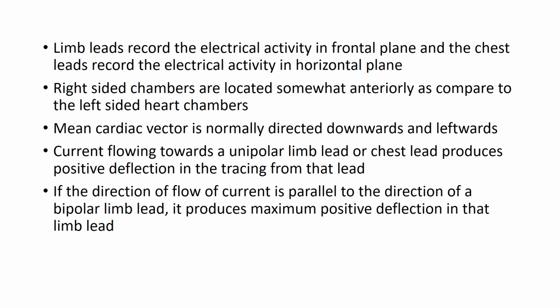The fourth is that current flowing towards a unipolar limb lead or chest lead produces positive deflection in the tracing from that lead. And the last one is that if the direction of flow of current is parallel to the direction of a bipolar limb lead, it produces maximum positive deflection in that limb lead.